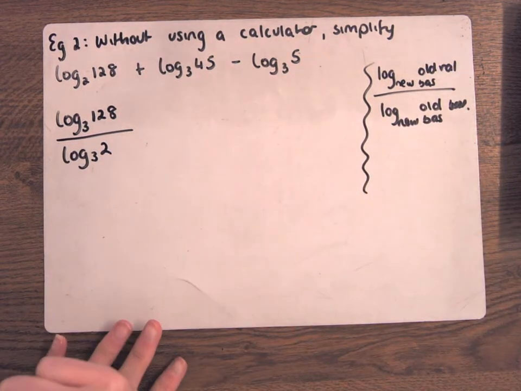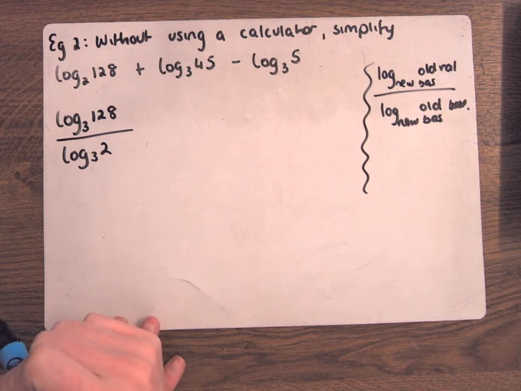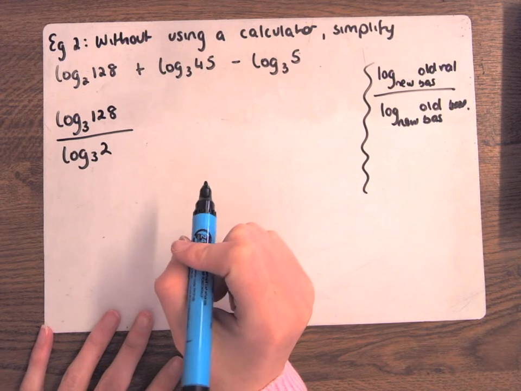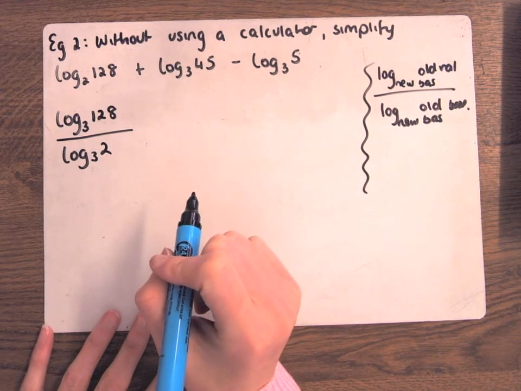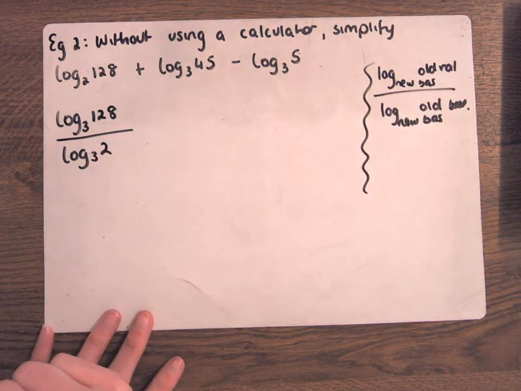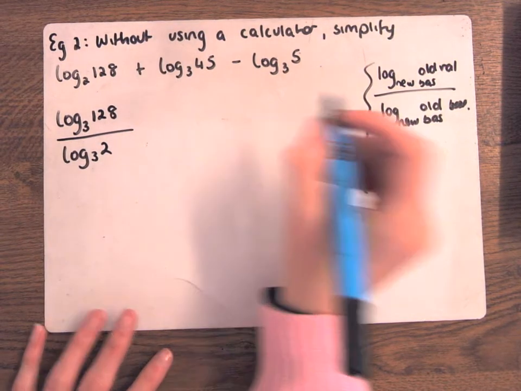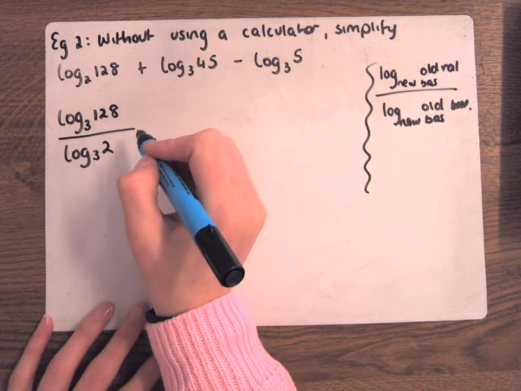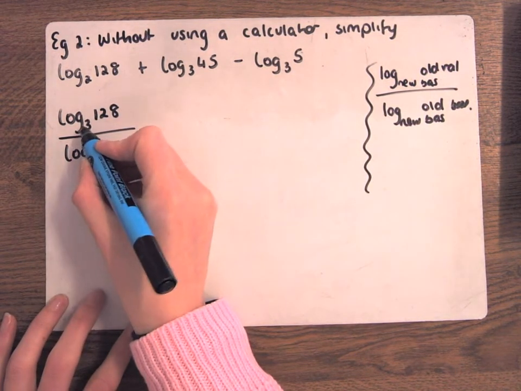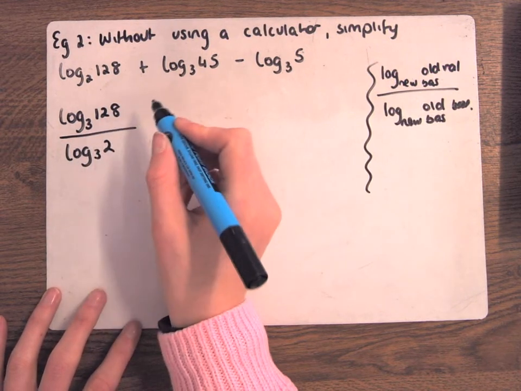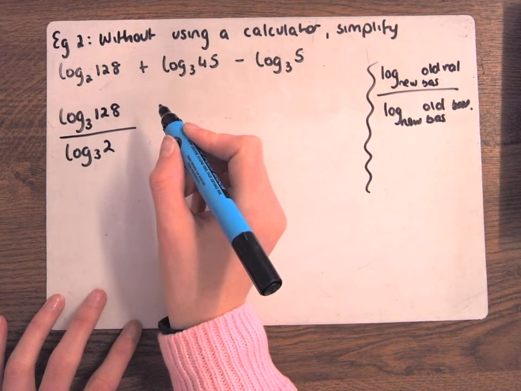Yeah, this isn't going to help us much for what I wanted there. It's actually going to make things more difficult for us. It might be easier to just figure out what this is. Log to the base 3 of 128. So 3 to the power of what gives me 128?